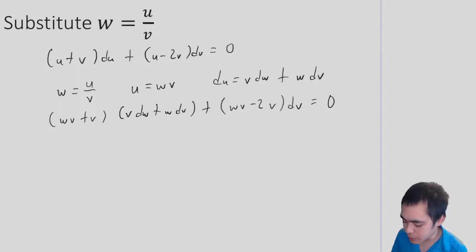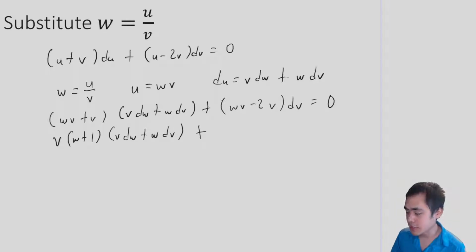Let's simplify that a little bit. So you get v(w plus 1)(v dw plus w dv) plus v times (w minus 2) dv is equal to 0.